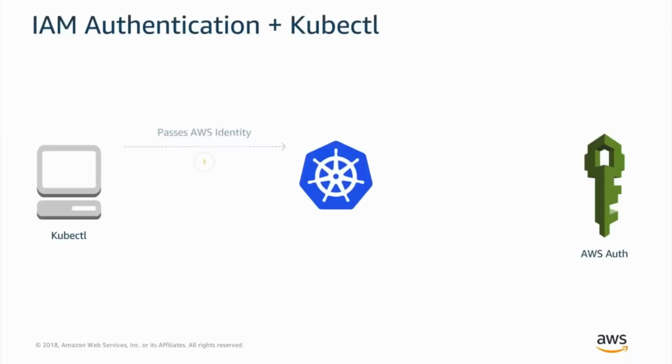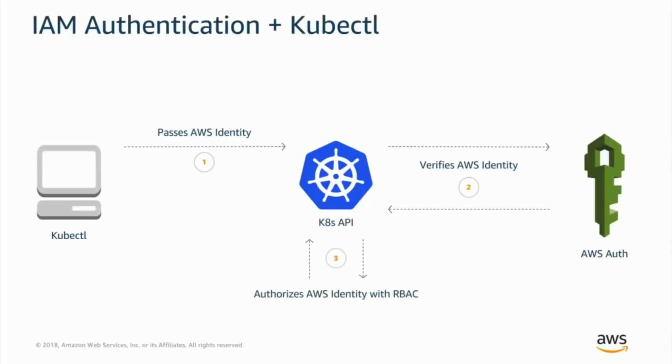So let's say when you do a kubectl call and say kubectl get pods, what Kubernetes does is it takes the IAM identity that you pass with kubectl. It authenticates your IAM against AWS Auth, and once you're authenticated, once we know who you are, then you're passed on to the Kubernetes RBAC, which is a native RBAC implementation.